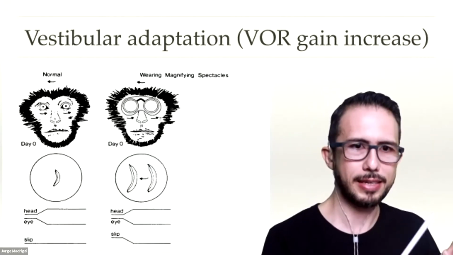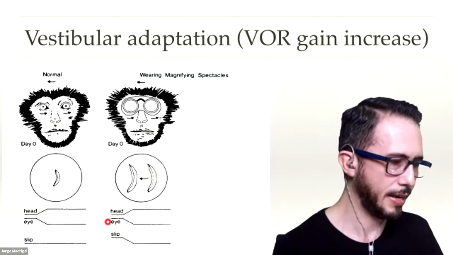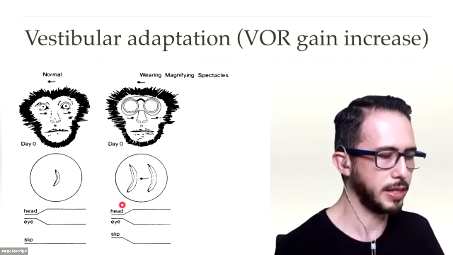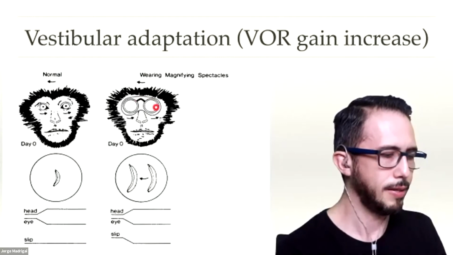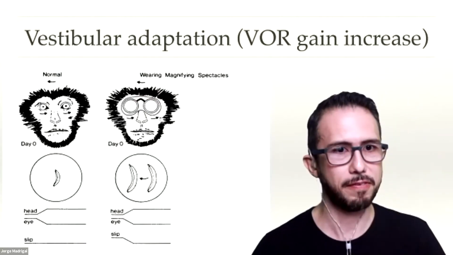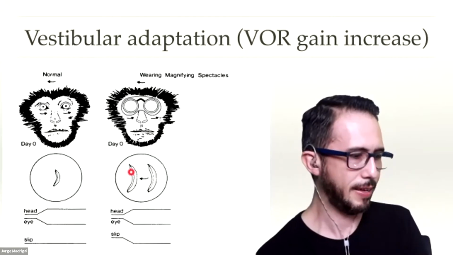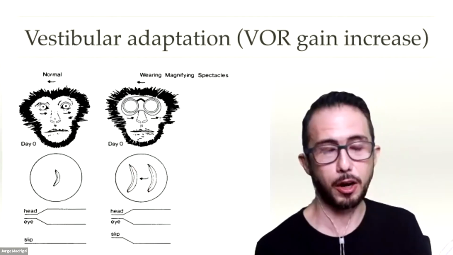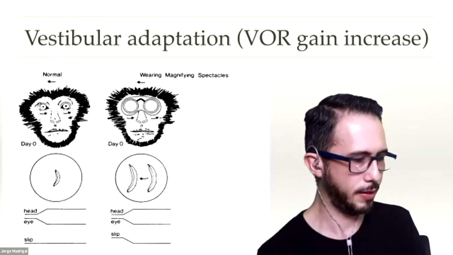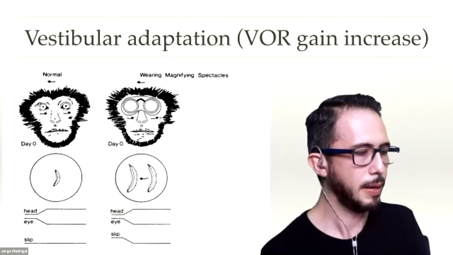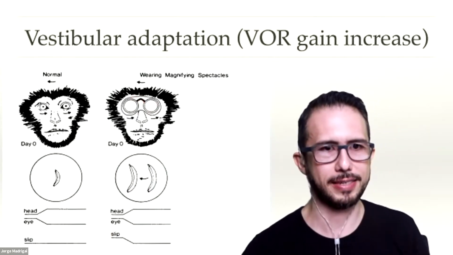On day 0, we put this monkey in magnifying spectacles, magnifying glasses. He's normal. He's well calibrated, the eye in comparison with the head, but because the monkey has magnifying glasses, we are artificially making him feel oscillopsia while looking at the food. There's slip because of the glasses.